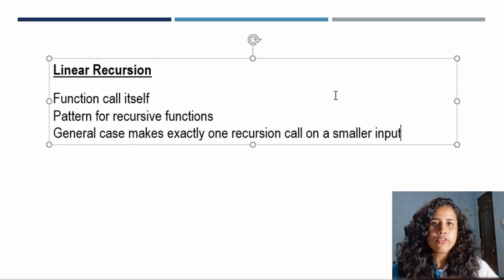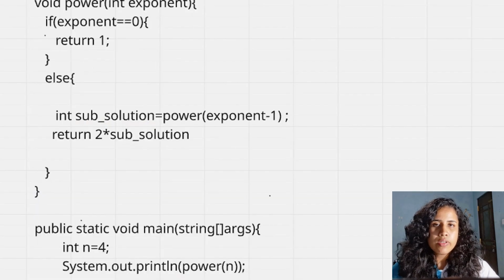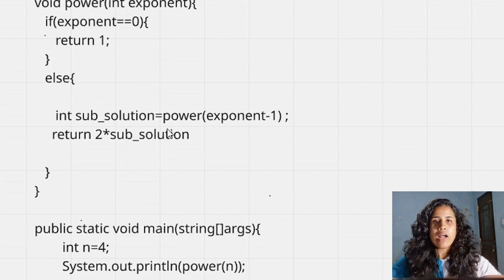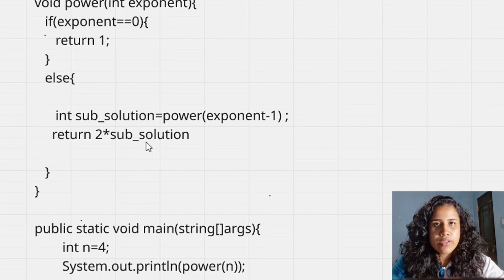It provides us patterns for recursive functions, and the general case in linear recursion makes exactly one recursive call on a smaller input. There are 4 parts in linear recursion: base case condition, base case solution, arguments to the recursive call, and general case solution. We'll understand what linear recursion is in code as well.